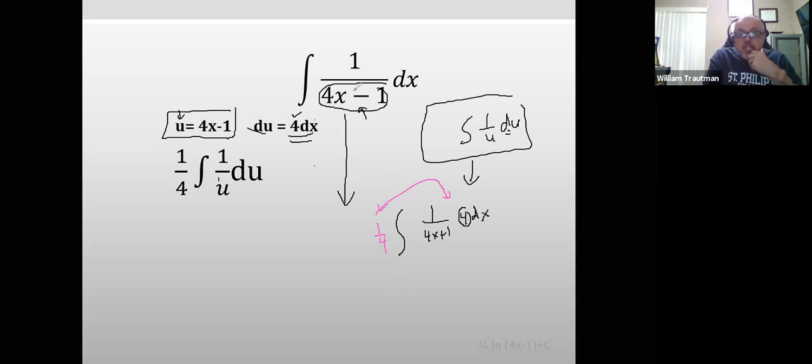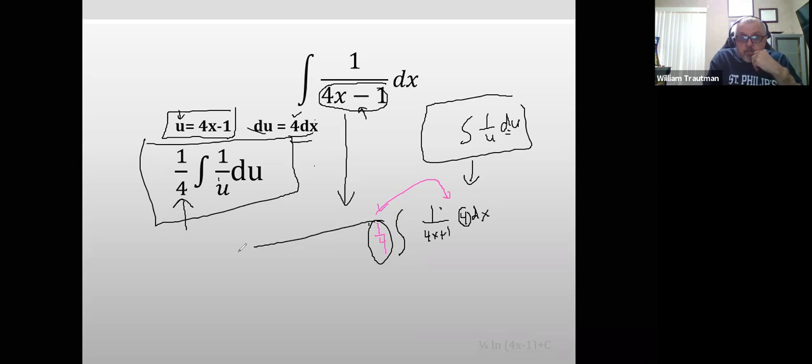So the problem now changes to 1/4 in front, there's the 1/4, and here's 1 over u, and this is du, which is the 4 dx.